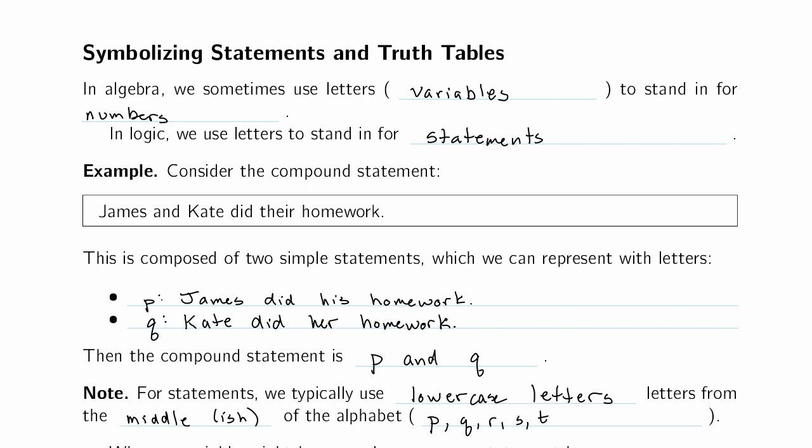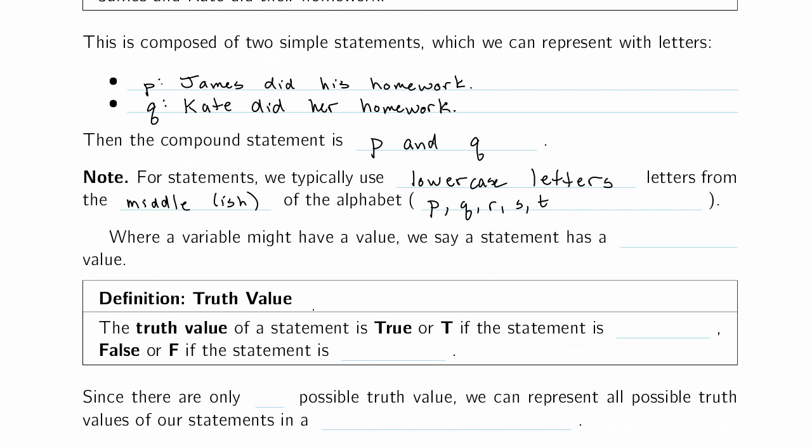And in fact, most of the time, P and Q, or on a really bad day, P, Q, and R will be enough for anything that we're working with in this class. We're using a lowercase letter from the late middle of the alphabet to stand in for a statement. In algebra, at some point, we say that our variables have a value. In logic, we say a statement has a truth value.